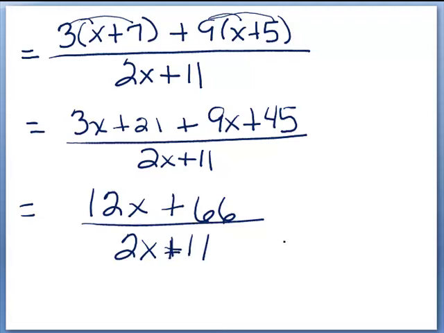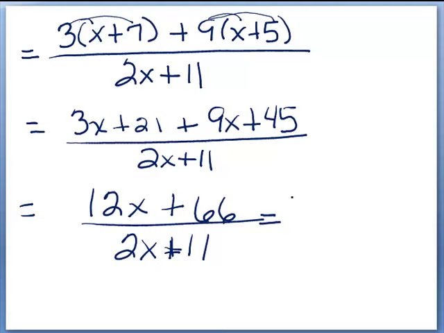Before we finish this answer, we want to make sure that the numerator and denominator are completely factored. If not, we have to factor. So let's look at the numerator, 12x plus 66. Is there a GCF that can be factored out? If so, let's factor it out.